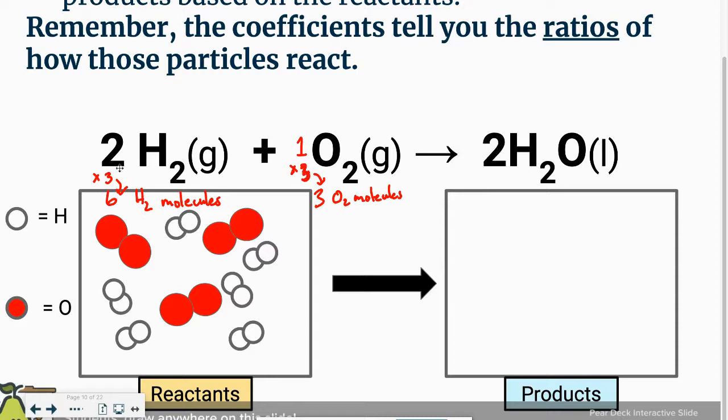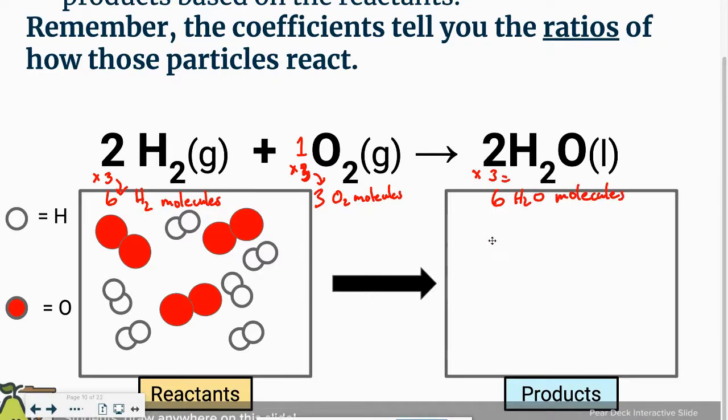And so we're multiplying our coefficients by 3 to get the number of reactants here. So we do the same thing for our products. 2 times 3, that'll give us 6 H2O molecules.